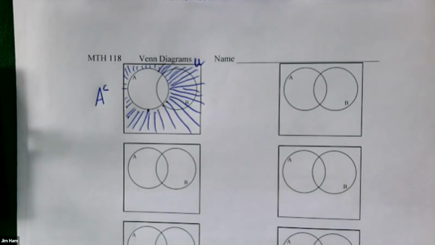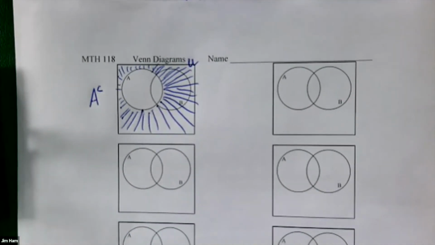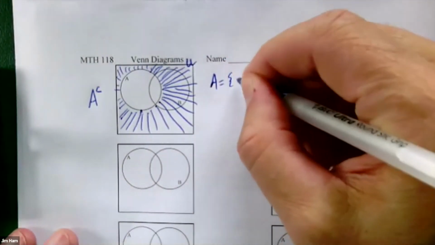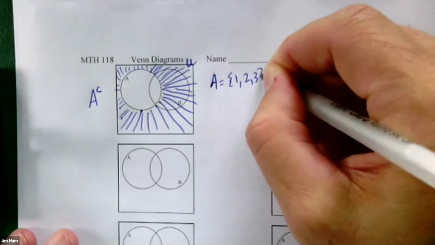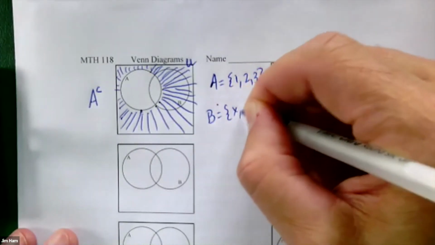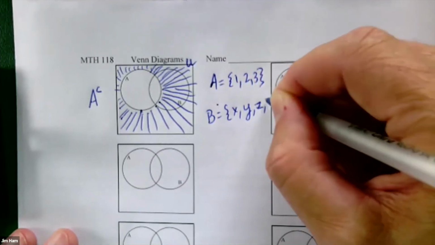Now let me give you an example where we're using specific sets. So let's say that A is the set 1, 2, 3, and B is the set X, Y, Z, 3.